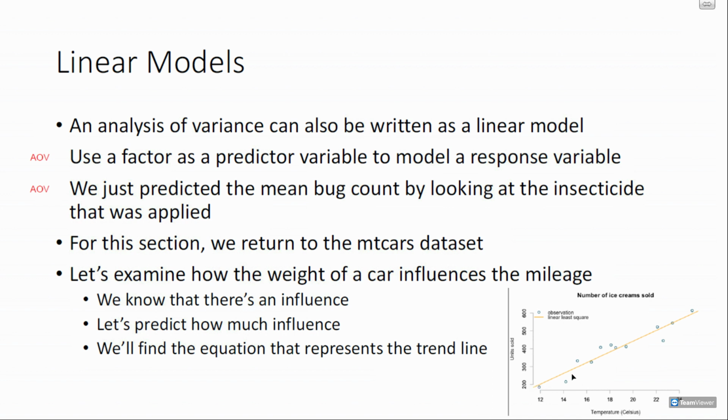If you were to draw a line between all these circles, which are the data points, it is an increasing line, with an increasing slope, meaning as the temperature rises, the number of ice creams sold is more. So this is one typical scenario where you would use a linear model.